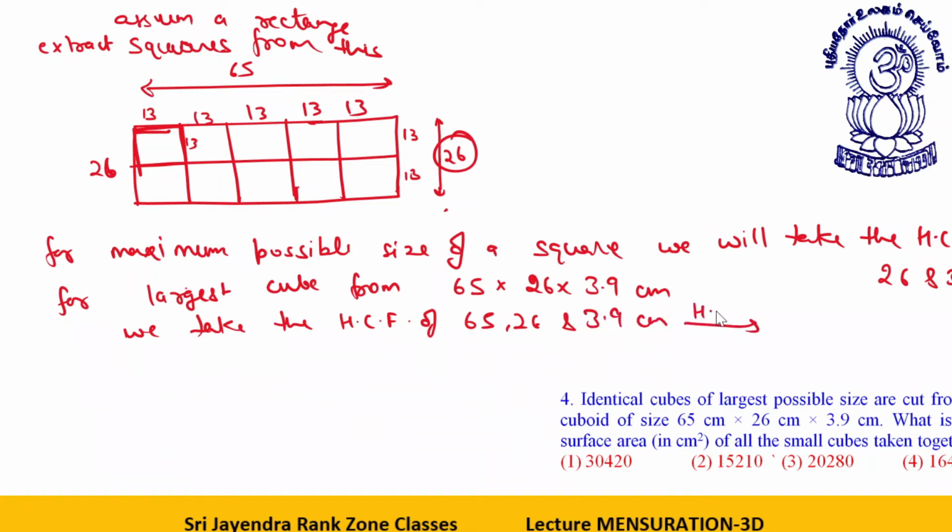That is, HCF is equal to 1.3 centimeter. One thing is done. Now what will be the number of cubes?